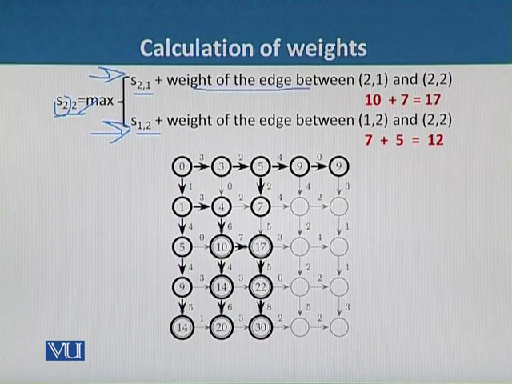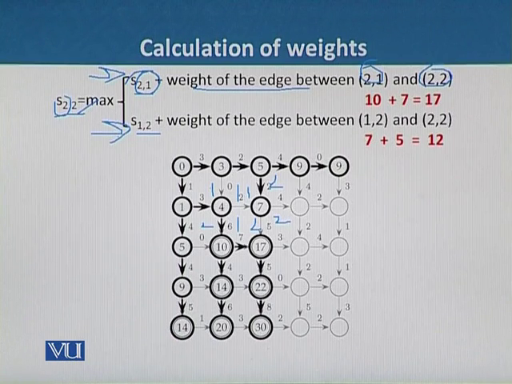And again we have to calculate the weight of the edges of these two values, 2, 1 with the original 2, 2. We know this is position 1, 1, this is position 2, 1, this is position 2, 2, and this is 1, 2.